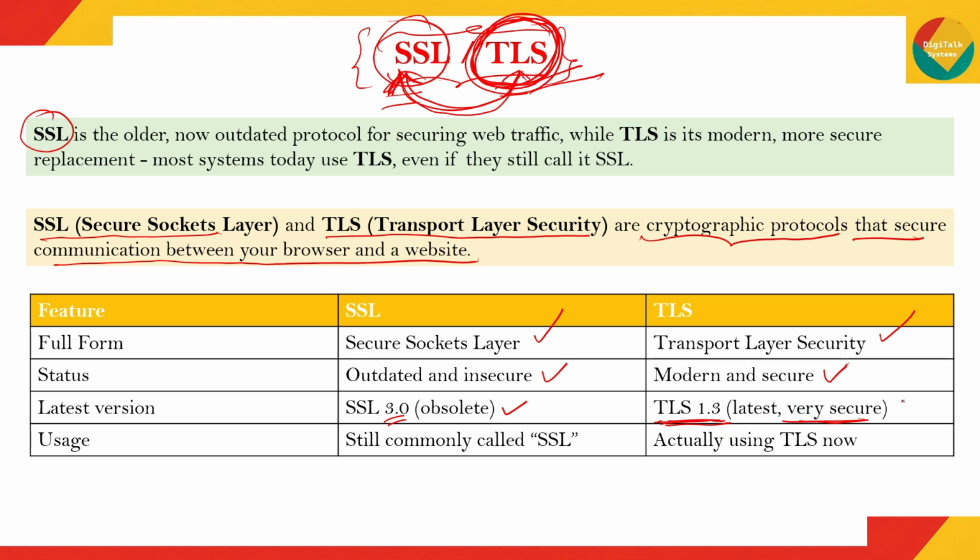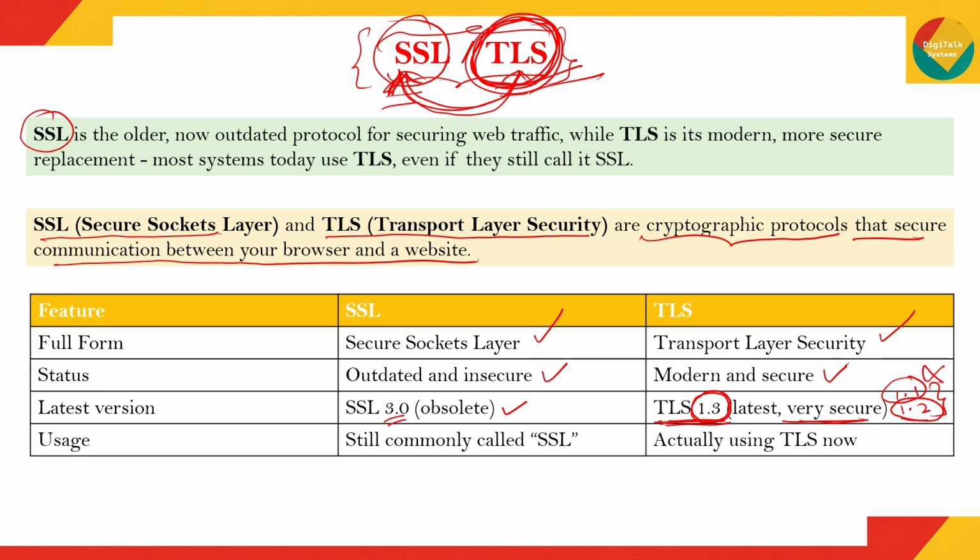Apart from that, some of the older versions of TLS, 1.1 and 1.2, are still in use by multiple software. Even 1.1 is going to be deprecated by multiple software, and they are not going to support it. So the minimum supported version for multiple software as of today is TLS 1.2, and the recommended is to go with the latest one, which is 1.3.